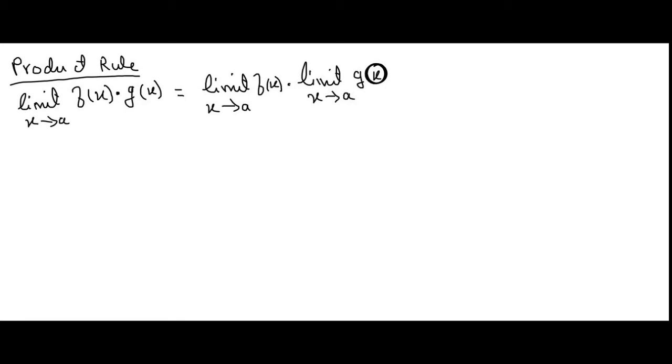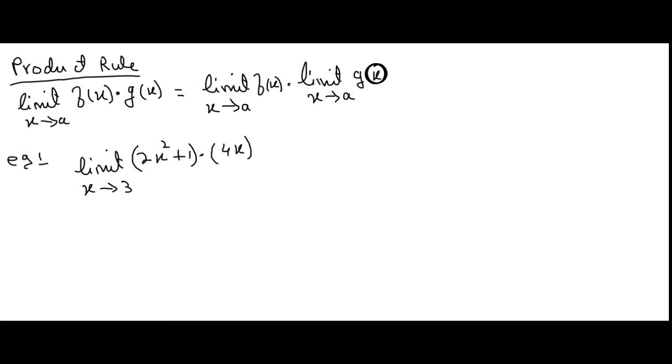So we take an example, which is example number 1. Limit x approaches to 3 of 2x square plus 1, dot means again multiplication, 4x.